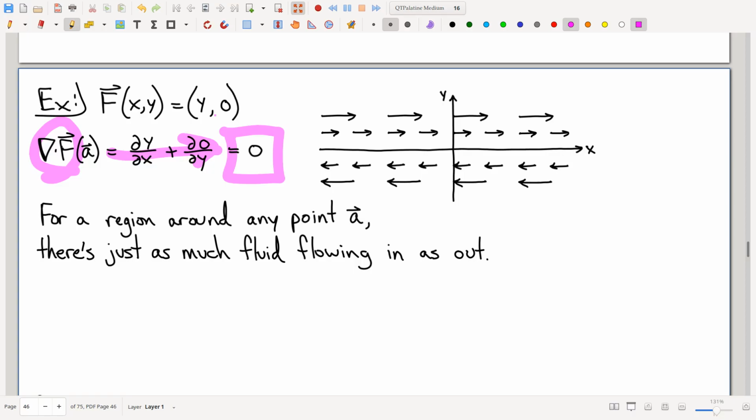Now let's try to make sense out of that. How would that make sense, for example, at a point about right there in this general vicinity? 0 outward flow doesn't seem right. The fluid, after all, is clearly flowing outward from that region, isn't it? There it is. There's a bunch of outward flow. But there's also, on the other side, a bunch of inward flow.